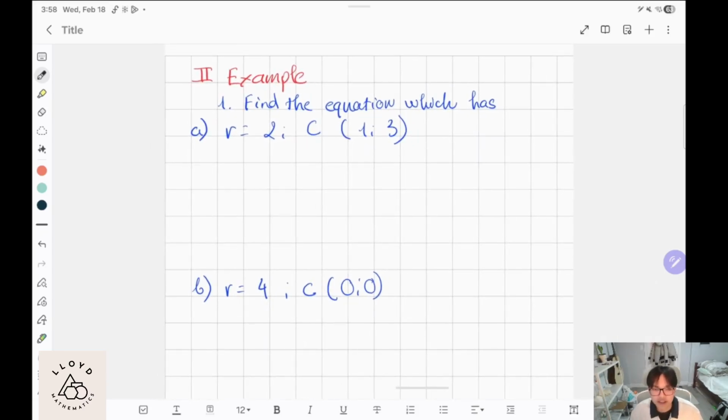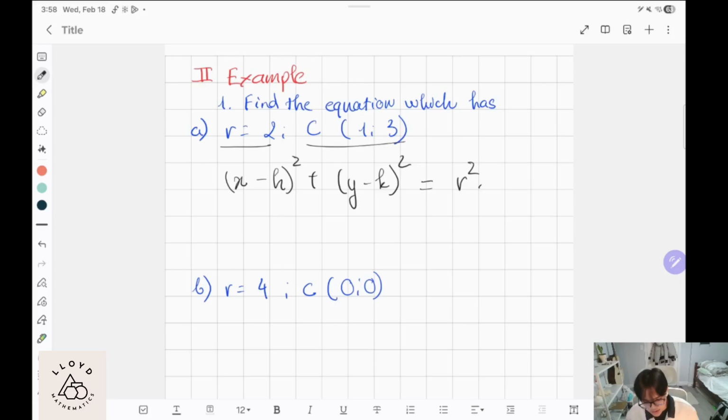Okay, let's try some examples. First of all, it's just the basic one, the most simple example of a circle. Find the equation of the circle which has radius 2 and center point C at 1 and 3. We have the formula x minus h squared plus y minus k squared equals r squared.